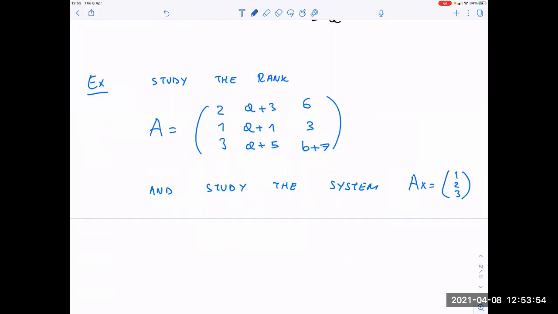So try, see what you get, and then you compare with what we do together. Okay, do you have any further question about these topics?